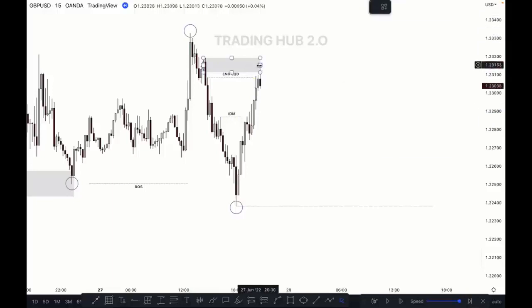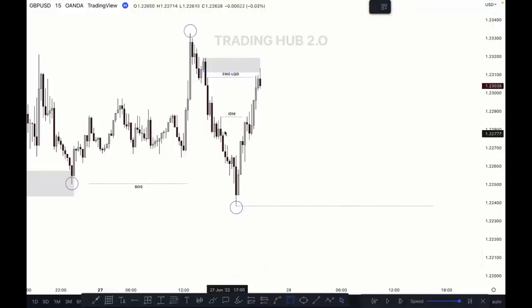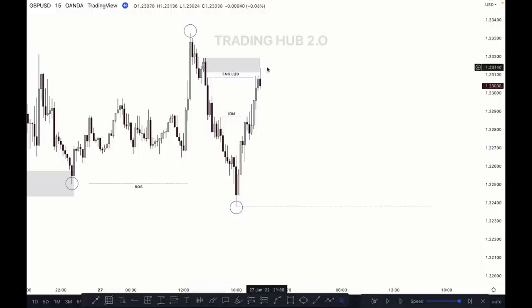Correct. So once the market mitigates this engineering liquidity, and if the market did not tap on the engineering liquidity, and the market takes out inducement and mitigates something here probably, and then shows some reaction, then the same rule will be applied. So let's see how the market reacts here when it mitigates any supply zone.